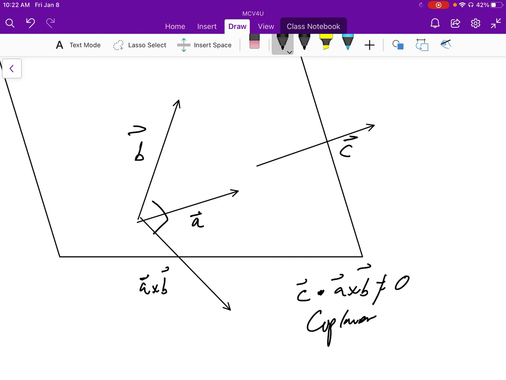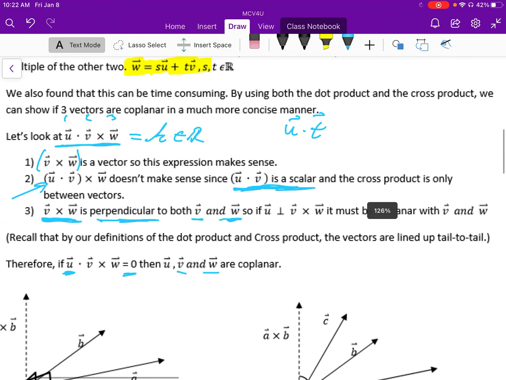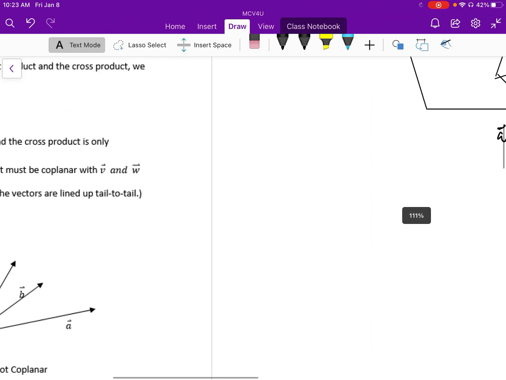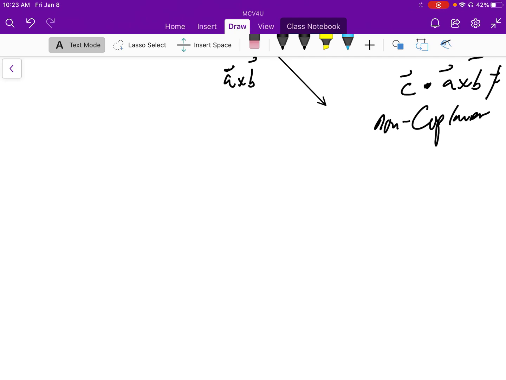So it's non-coplanar. Those are the ideas behind this scalar triple. The notes themselves have another diagram you can take a look at. Let's see if we can use the scalar triple now.